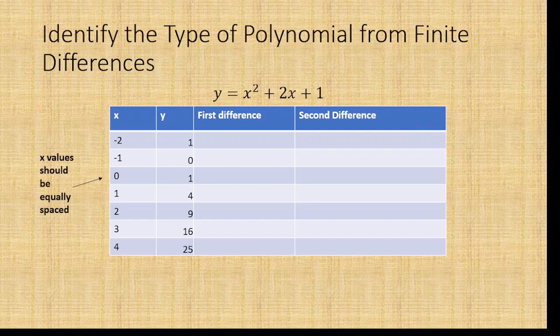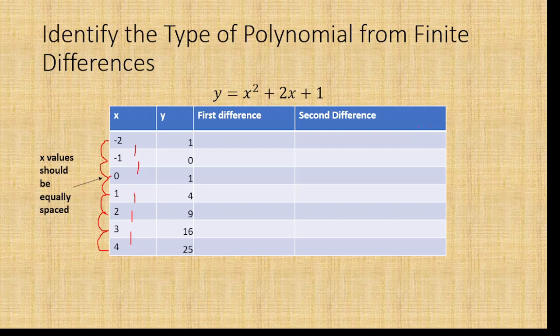So -1 minus -2 comes out to be 1. Then 0 minus -1 comes out to be 1 again. And similarly, 1 minus 0 is 1, 2 minus 1 is 1, 3 minus 2, and 4 minus 3. So all of these are 1. This is the first very important thing to check.